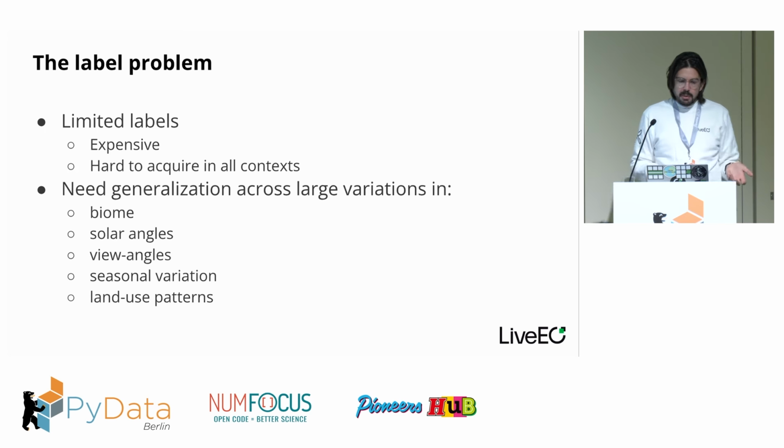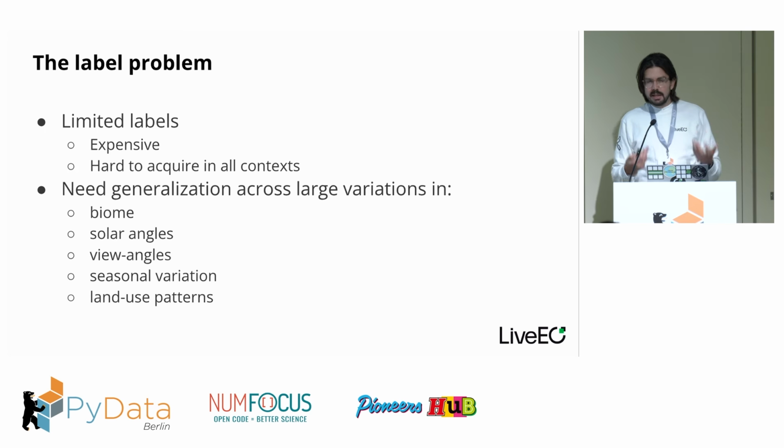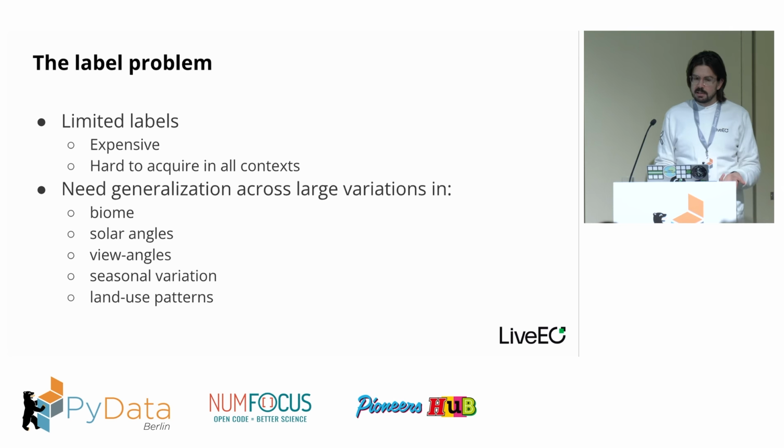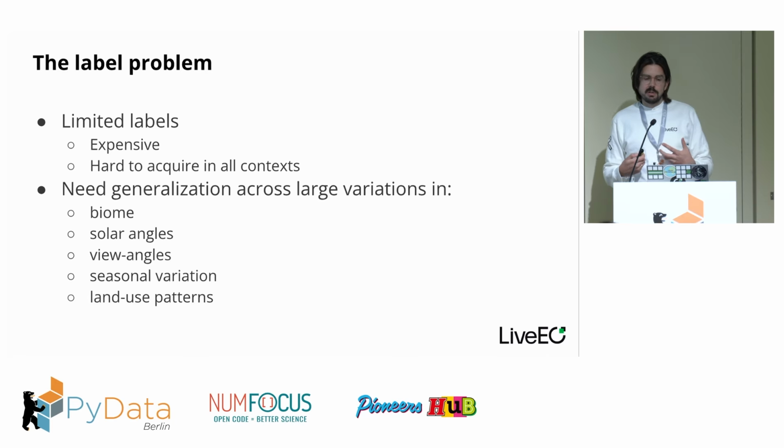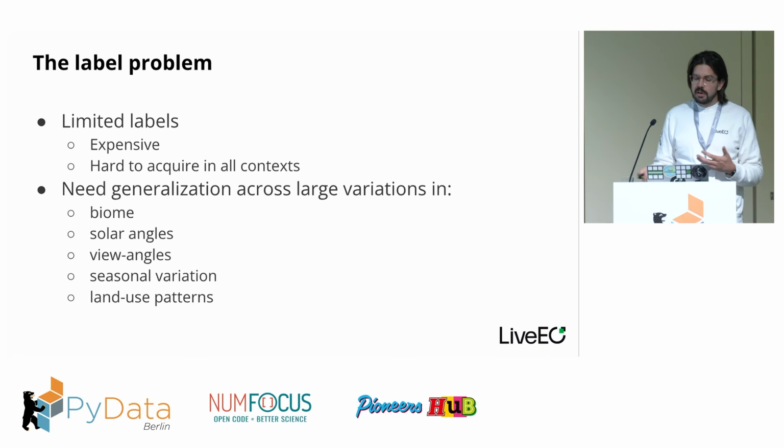So our problem is that we have limited labels because getting labels is expensive. It's really time consuming for people to label these scenes. It's hard to acquire labels in lots of different contexts. And we need our models to generalize across a large variation in biomes, solar angles, and view angles.